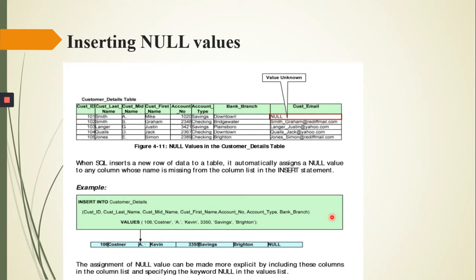SQL will automatically assign a null value. So this is the concept, and when data is inserted, all values are here: 106, Custom, A, Kevin, 3350, saving, Brington, but in email address it will show the null value. So this is the concept of inserting a null value.